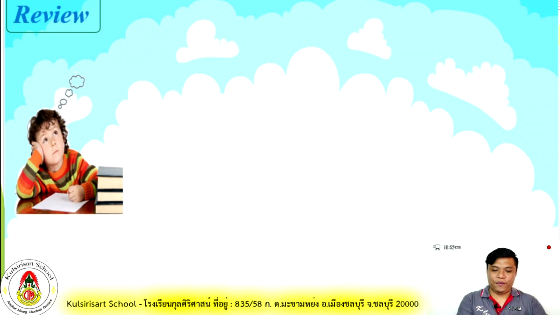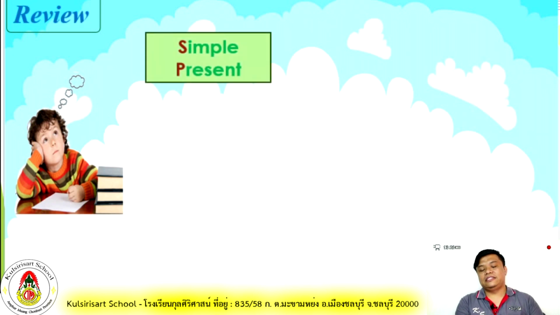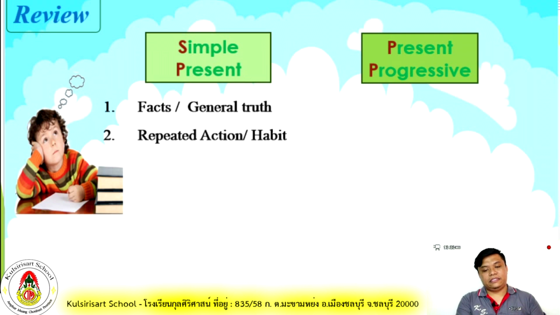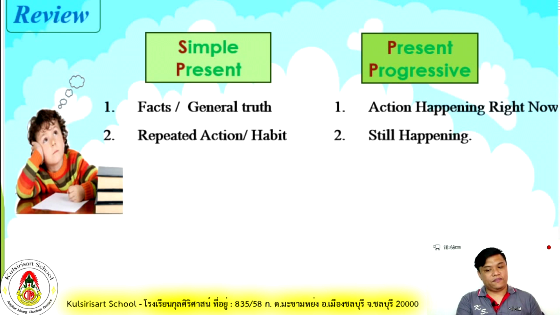Okay, let's have a review for our lessons. Simple present, present progressive. It is in simple present if it's a fact or a general truth. Repeated action or it's a habit. Okay, remember that. It's present progressive if the action is happening right now or still happening, continuing to happen.